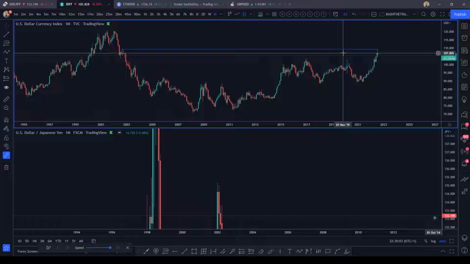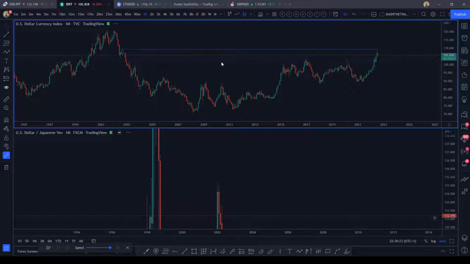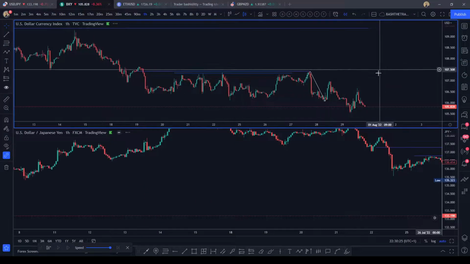Meanwhile, I knew that the price is in a good supply area. The price is in a good resistance point, which means that there's going to be a reaction very soon, whether you like it or not. And there was a reaction, right? So let's go look at the Euro USD now.